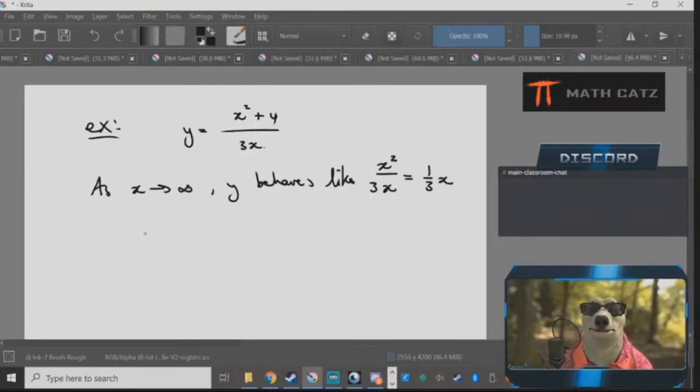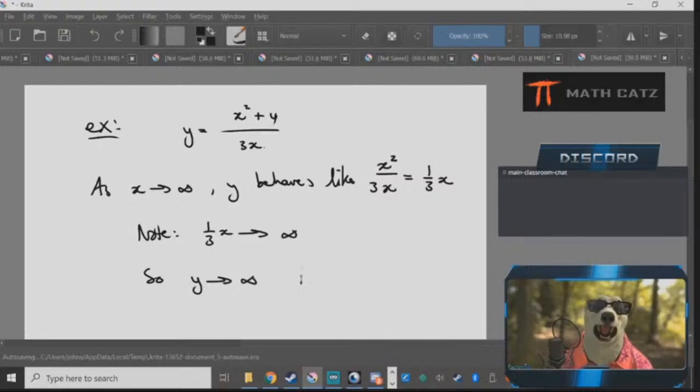So now I note, what does 1/3 x do when x gets bigger? That third isn't going to slow the x down by much. If x is a huge number, a third times x is also going to get bigger and bigger and bigger. So we conclude that y is going to approach infinity as well.